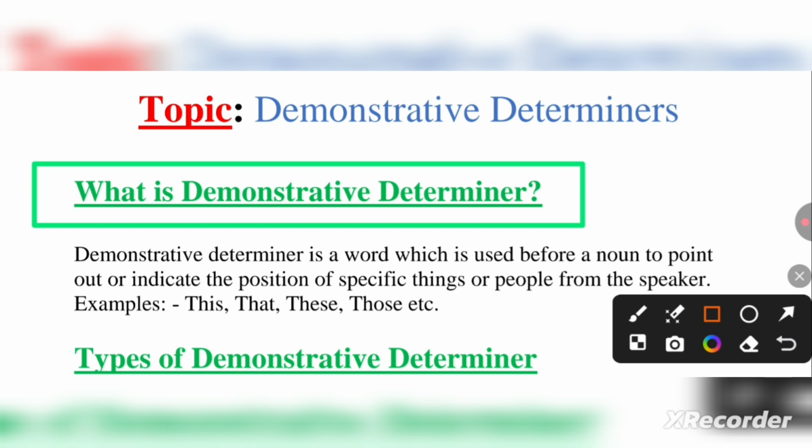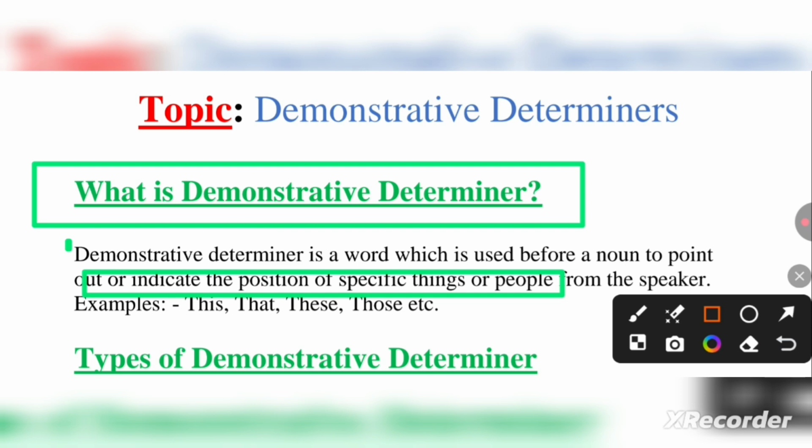A demonstrative determiner is a word which is used before a noun to point out or indicate the position of specific things or people from the speaker. Examples are this, that, these, those, etc.